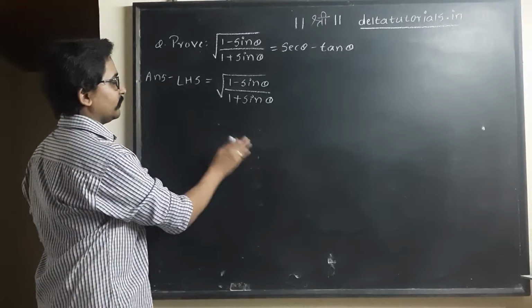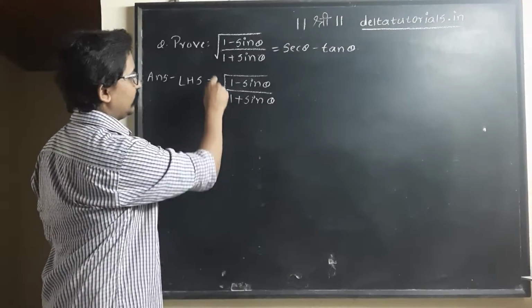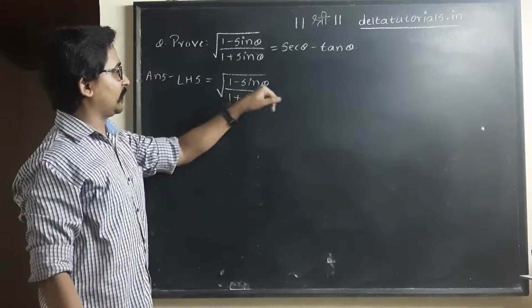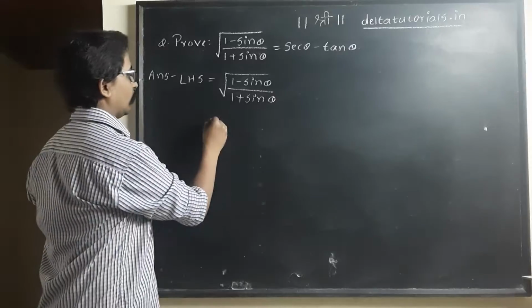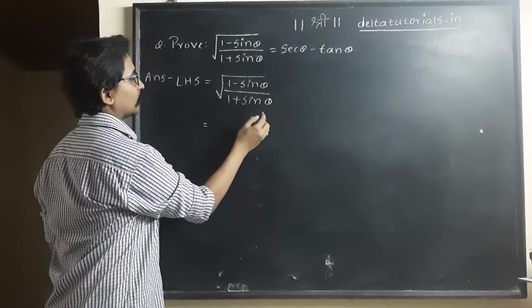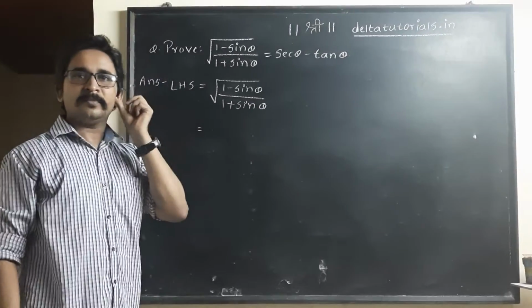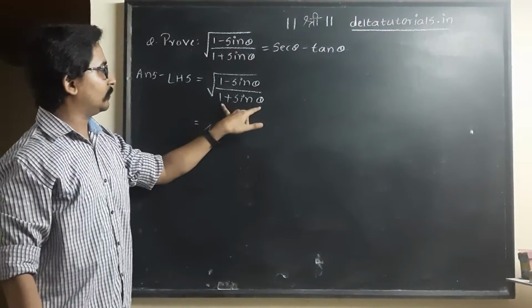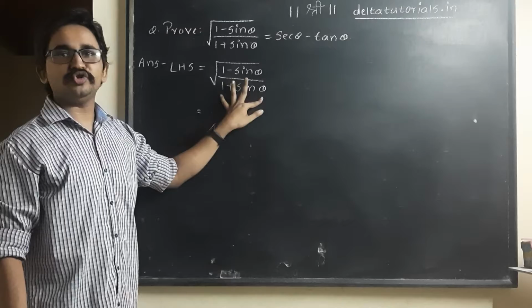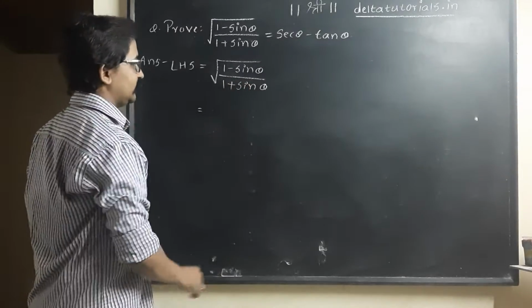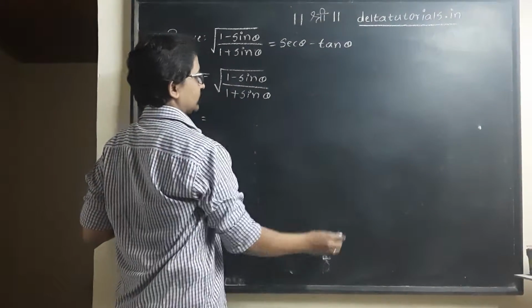Now wherever we see such kind of problems where a square root is present and we are having a numerator and denominator form, so always we will take the conjugate of the denominator and multiply the numerator and denominator by the conjugate of the denominator. I will just simply tell you here what is conjugate.